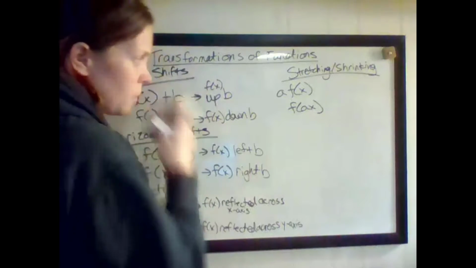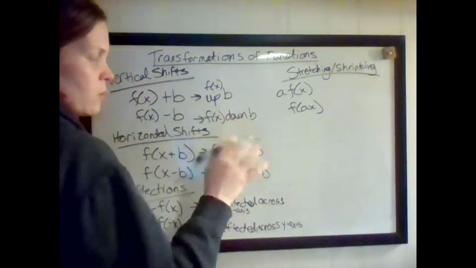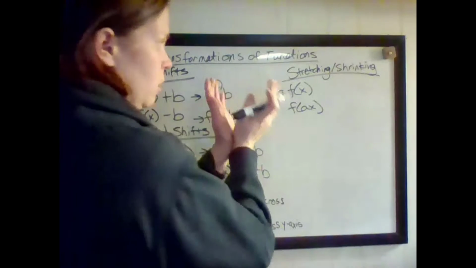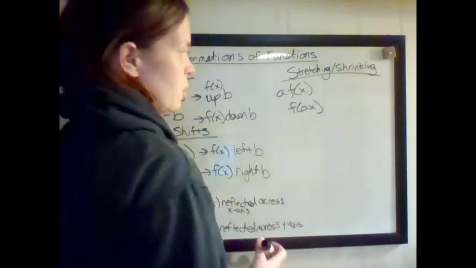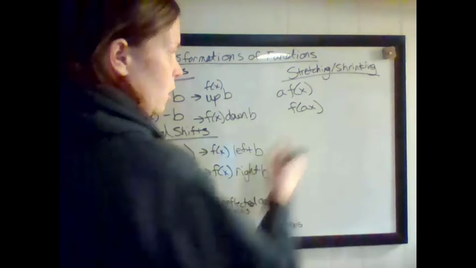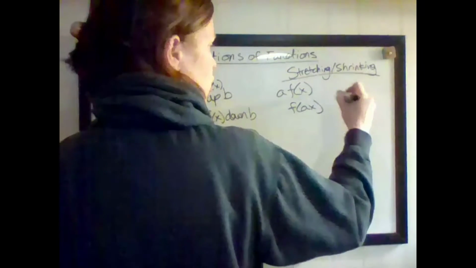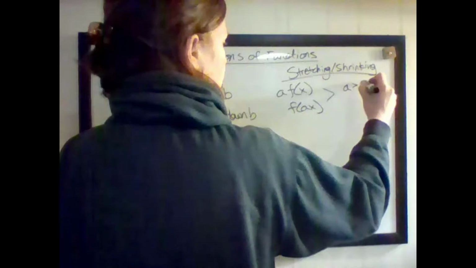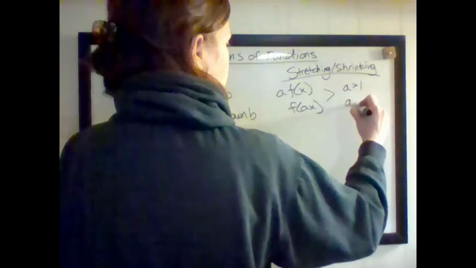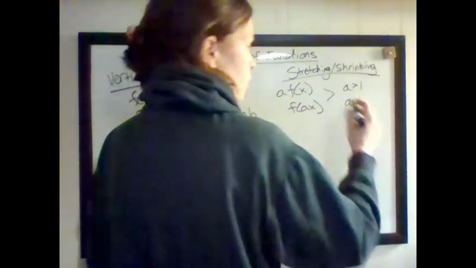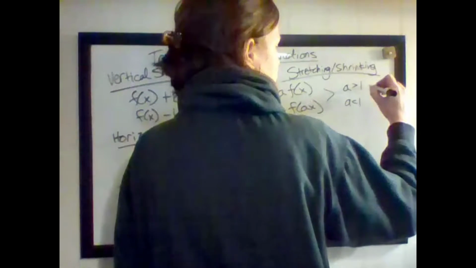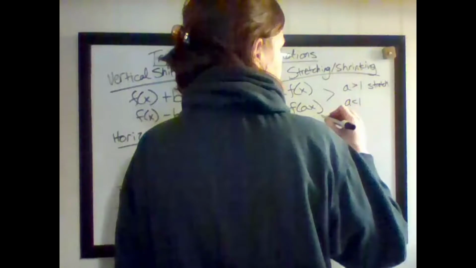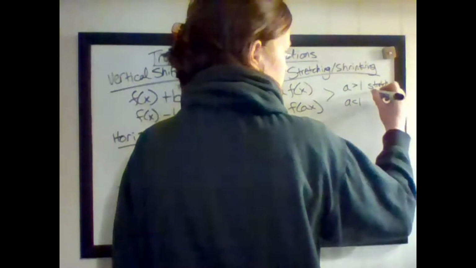Generally speaking, whether it's outside or inside, it could have an effect on whether it's getting stretched or shrunk, and depending on the original function, that could have a little bit of an effect. If a is greater than 1, typically that means it's being stretched or made steeper.